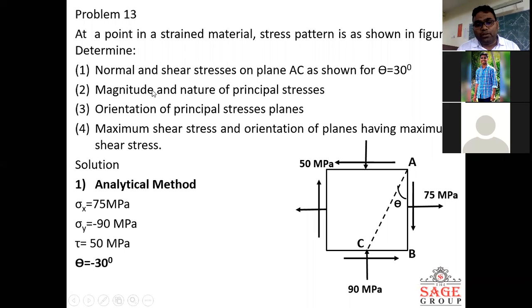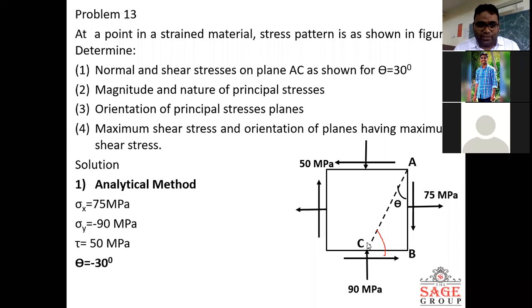We have also taken the theta value as minus 30, because when we initially derived the formula for finding the normal and shear stress on an inclined plane, we took theta at a different position, and now it is given like this. So we have to transform this. Simply write minus theta in the actual formula, and it will automatically come there.